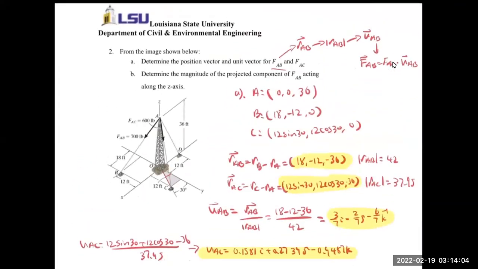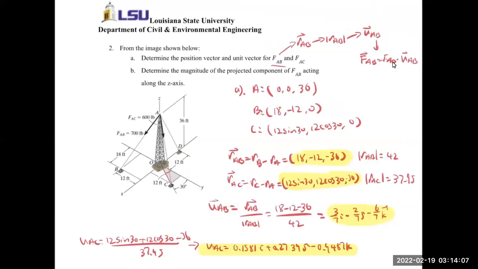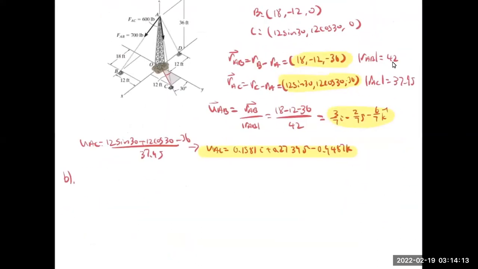Part B, the problem is to determine the magnitude of the projected component of FAB acting along the z-axis. In order to do that, we need to find the vector of FAB.